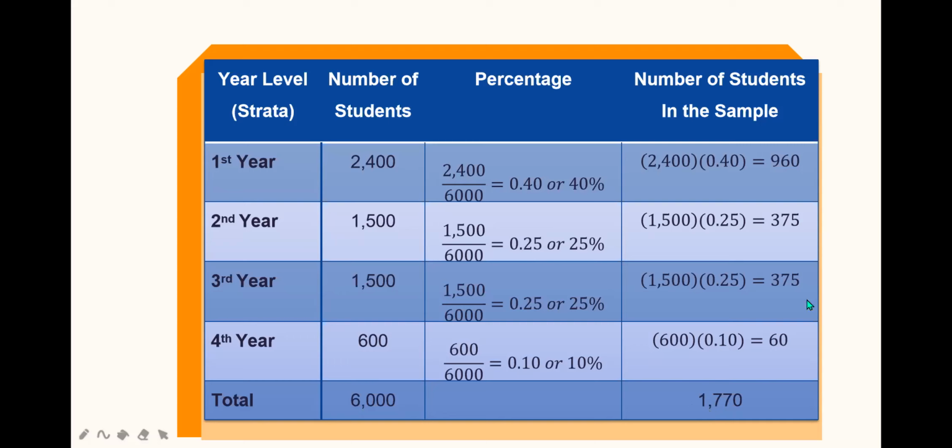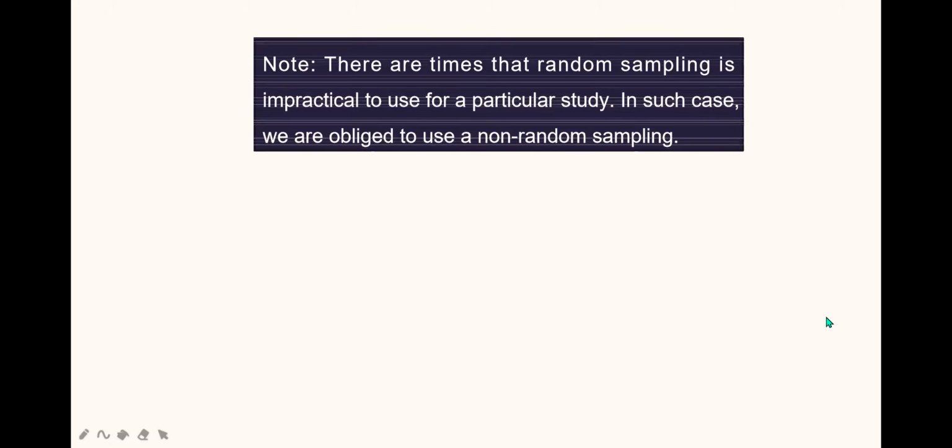Okay, now based on this example, take note that there are times that random sampling is impractical to use for a particular study. In such case, we are obliged to use non-random sampling. So this is the second type of sampling technique.